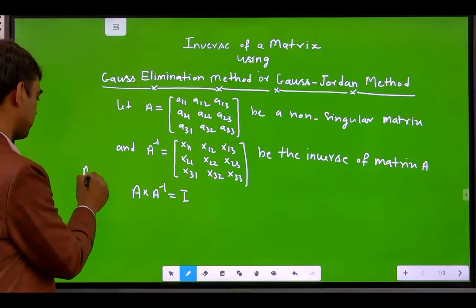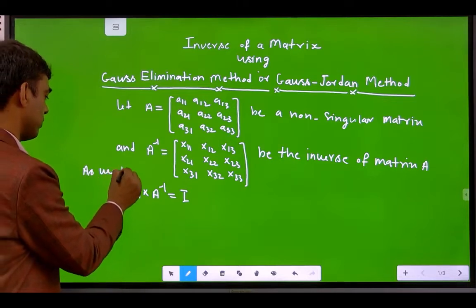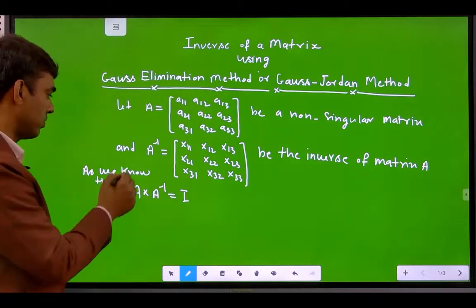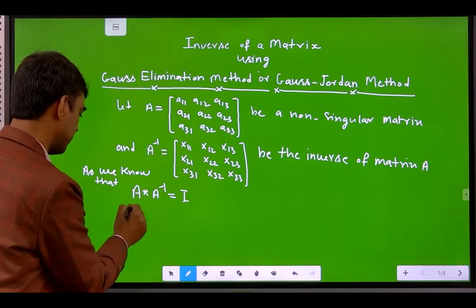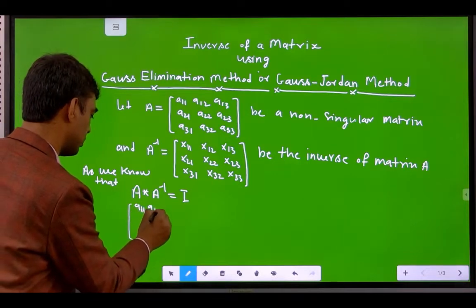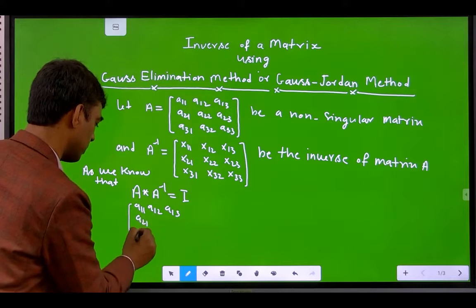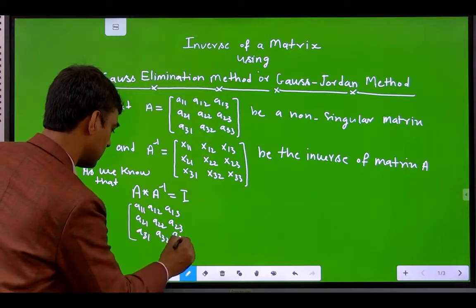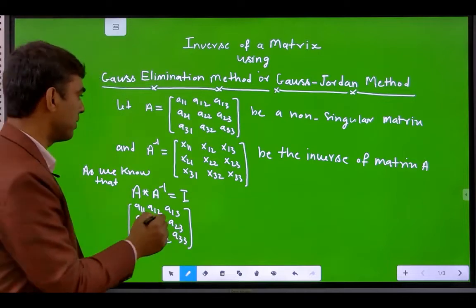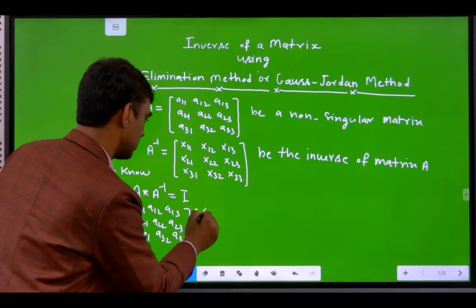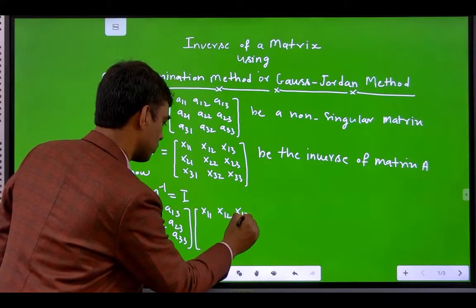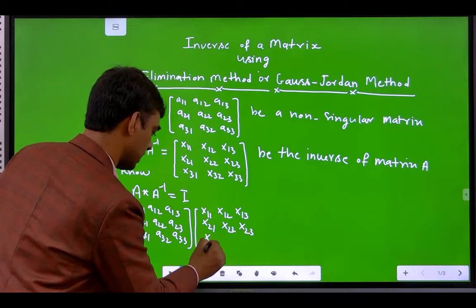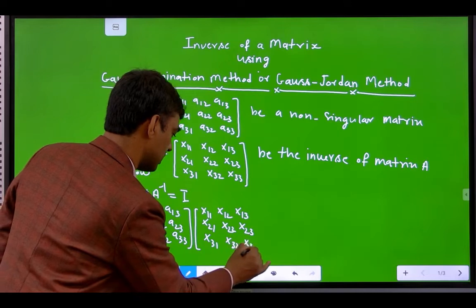As we know, A times A inverse equals I. Now we write matrix A as A11, A12, A13, A21, A22, A23, A31, A32, A33, and matrix A inverse as x11, x12, x13, x21, x22, x23, x31, x32, x33.